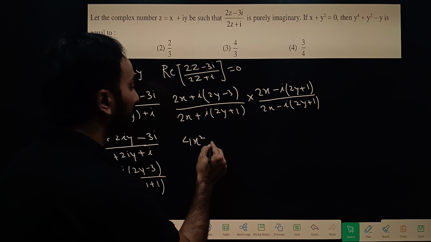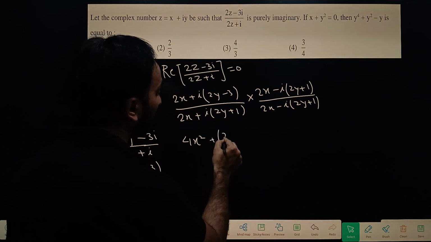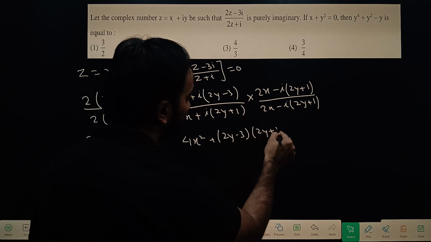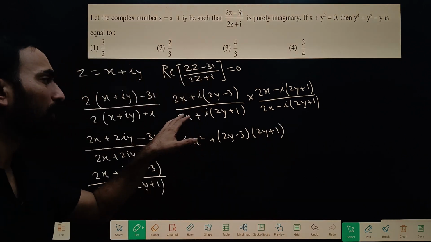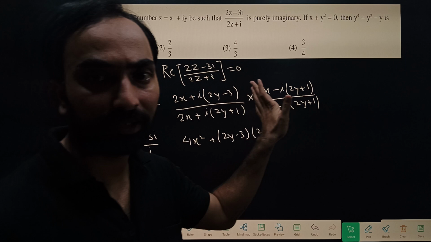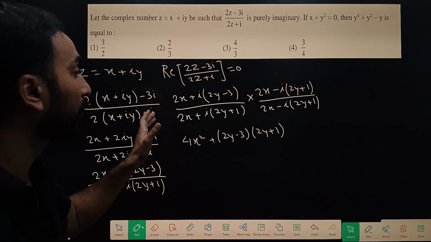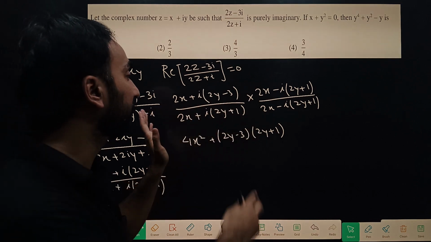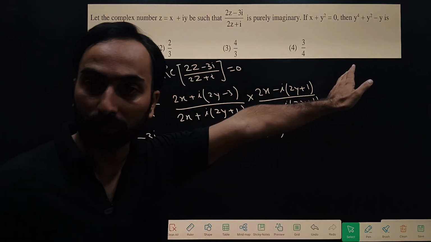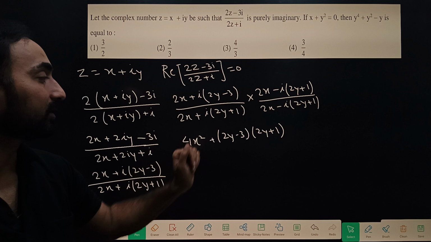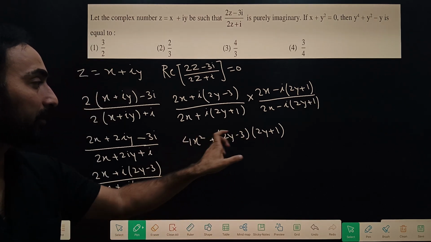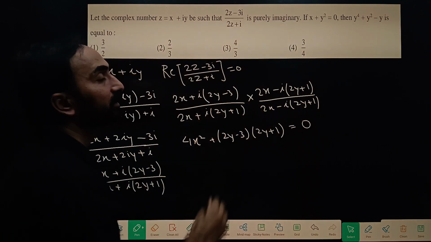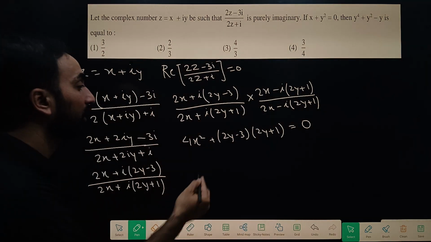And we are left with (2y - 3) multiplied by (2y + 1). We don't have to write the denominator part, because once we equate the real part to 0, the denominator goes to the right-hand side and becomes 0. So we only multiply this part and equate the real part to 0, because it is purely imaginary.